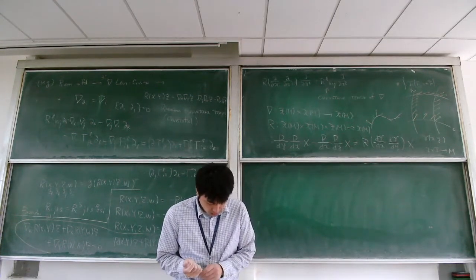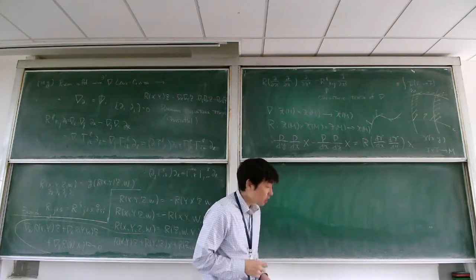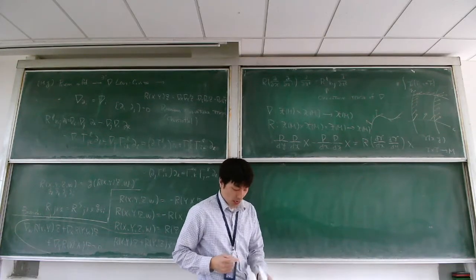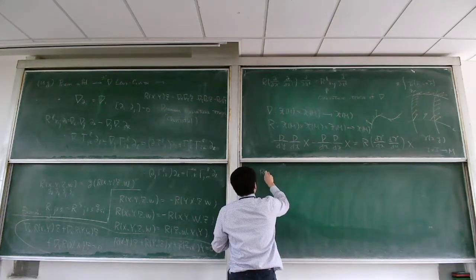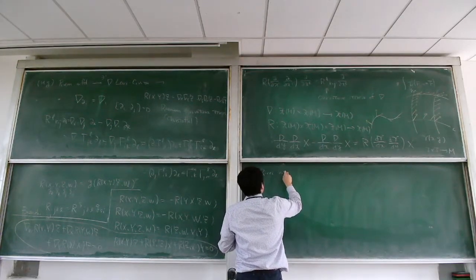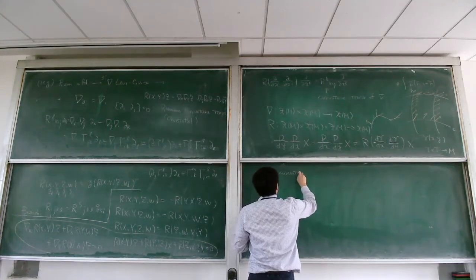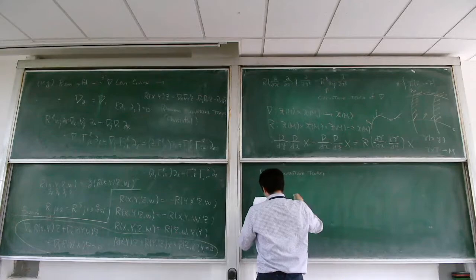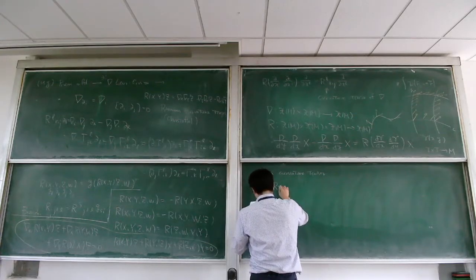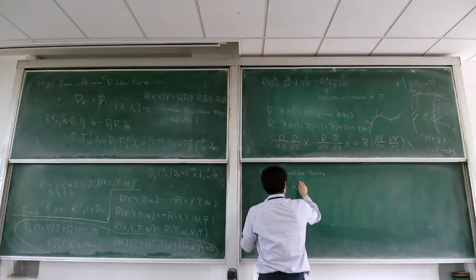So now I can just define the Ricci curvature tensor in such a way that Rij is just a contraction of the indices.